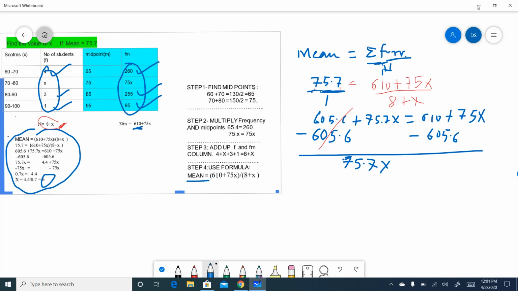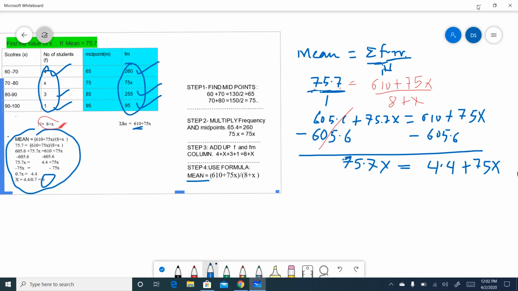And then this cancels out, and the remaining on the left side is 75.7x, and on the right side we subtract 610 minus 605.6, which becomes 4.4, plus the remaining 75x.